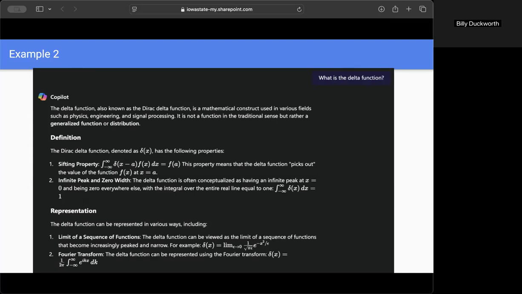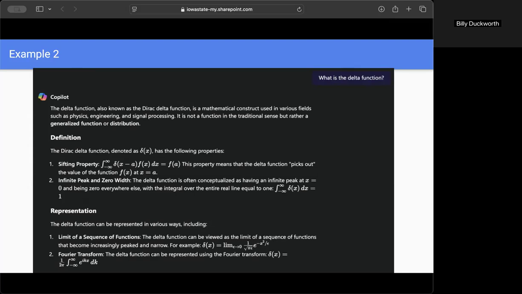So at zero, delta is infinitely high, and everywhere else it is zero. But it's infinitely high in such a way that if you integrate it, you just get the number one. So that's what it's saying there at the end: that integral from negative infinity to infinity is just one. Okay, so that second part's not too different from what you might hear for an explanation in this class.